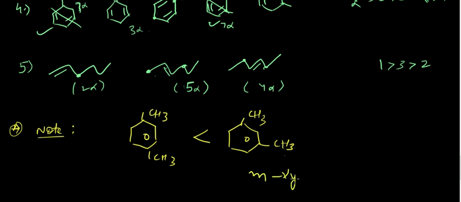This is called a xylene structure, the phenyl ring substituted with 2 CH3 groups, and this is called paraxylene. So the relative stability is more in this case than in this case. This is just an experimentally verified fact, so you can just remember it.